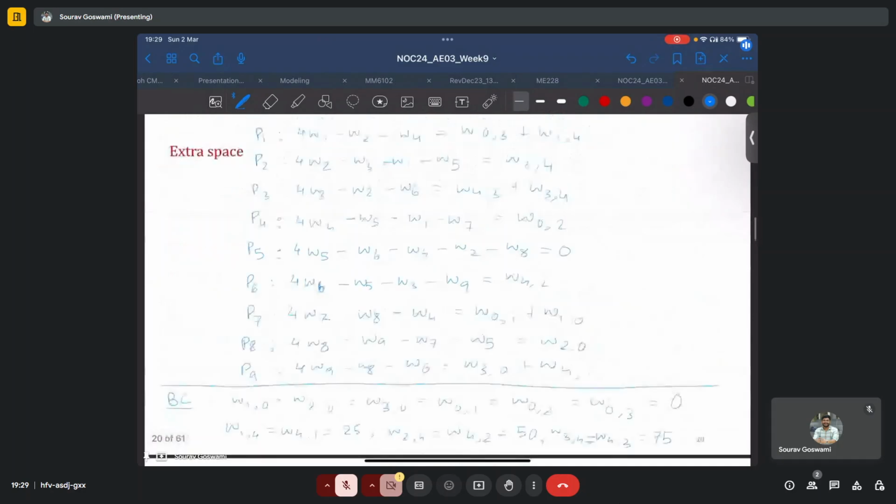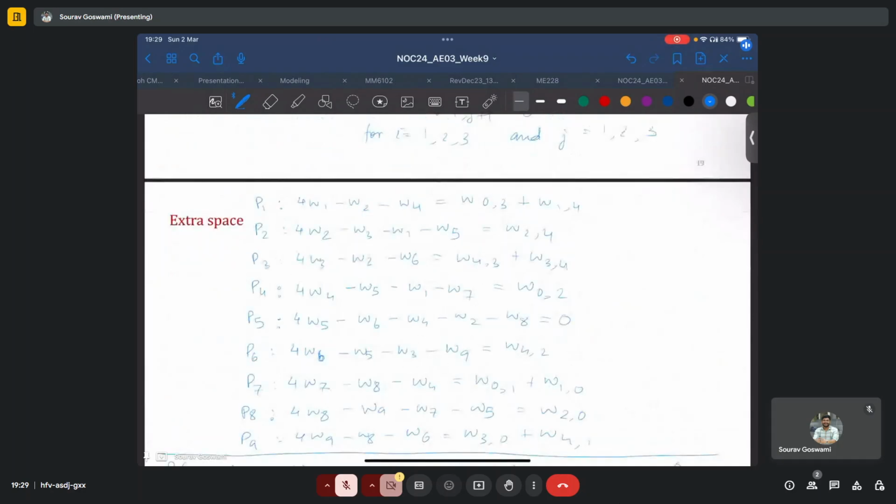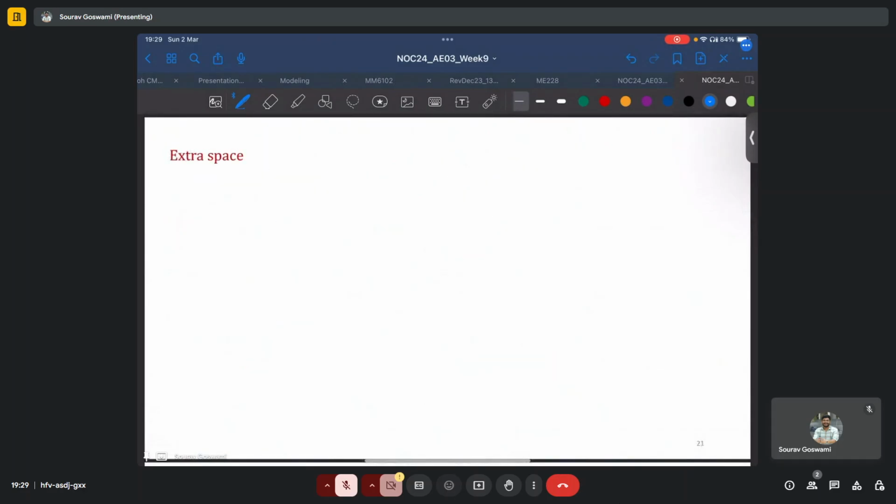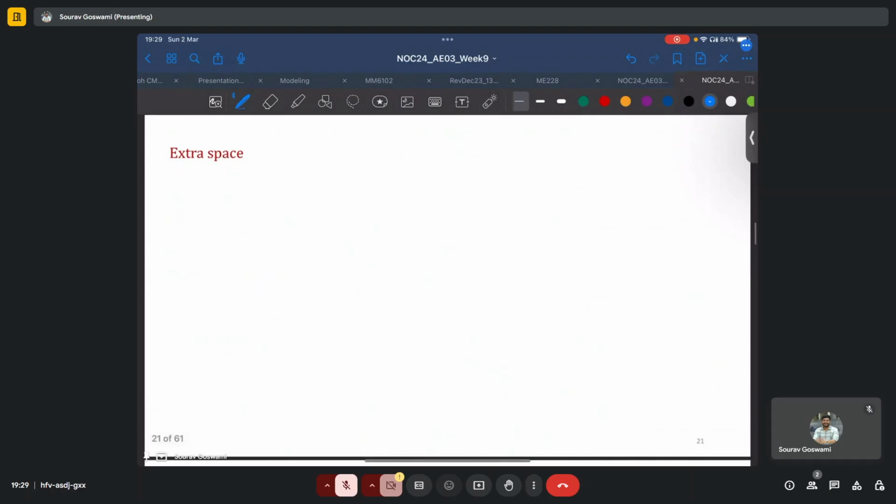Now, we see that all of these equations involved variables from W1 to W9. So if we write it in matrix form, it will be a pretty large matrix, so let us be careful. Sorry about that. 4, minus 1, 0, minus 1, 0, 0, 0, 0, 0.